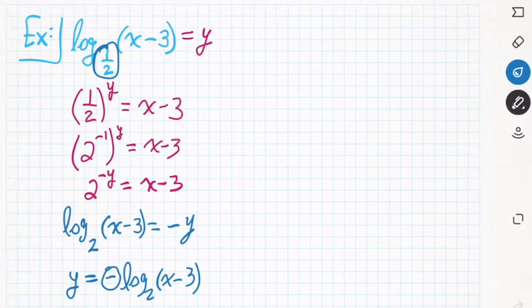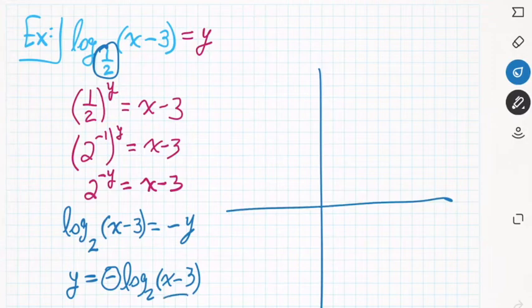So the graph of this, just real quick, the x minus 3 here would move it right 3. So you'd have this vertical asymptote over here at x equals 3. And the negative here is going to flip it over the horizontal.